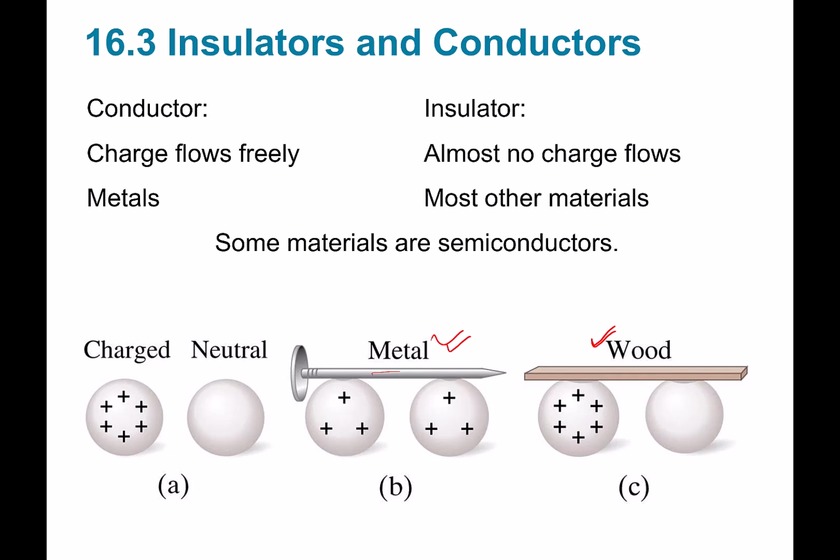Metals are generally good conductors, whereas most other materials are insulators. Nearly all natural materials fall into one or the other category, but there is one more category in between the two, called semiconductors. Almost all of our tech, computers and all, depends on these semiconductors.